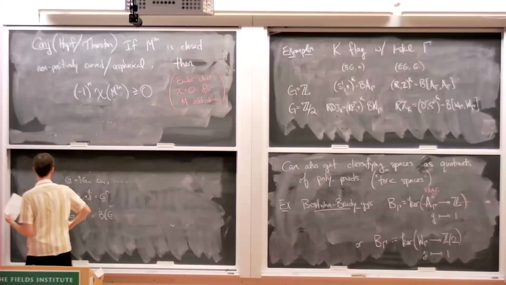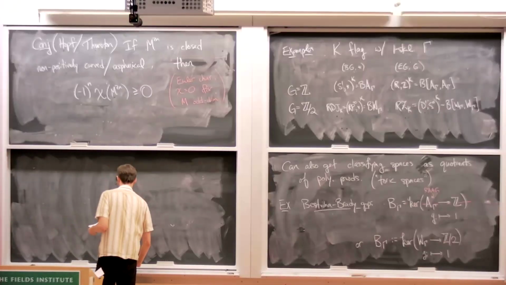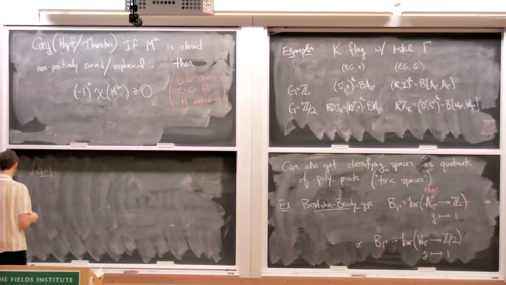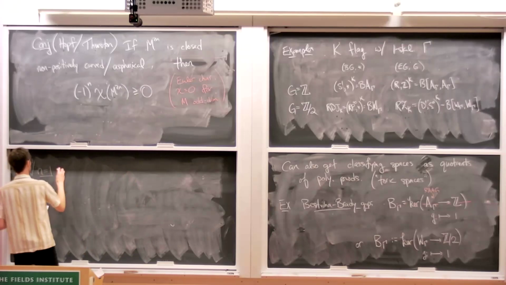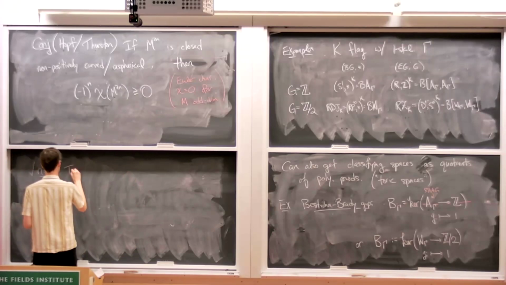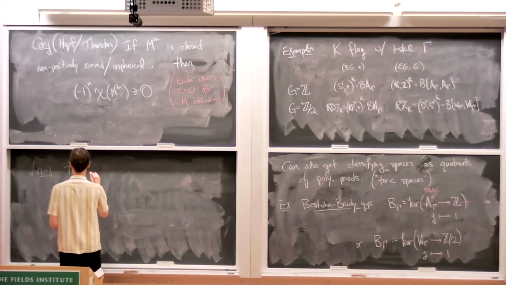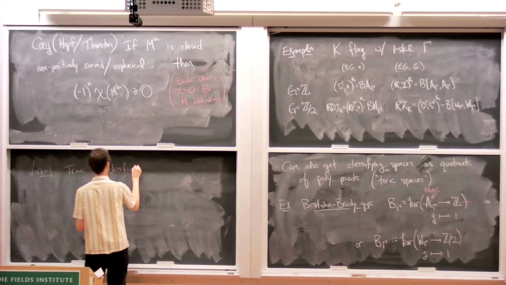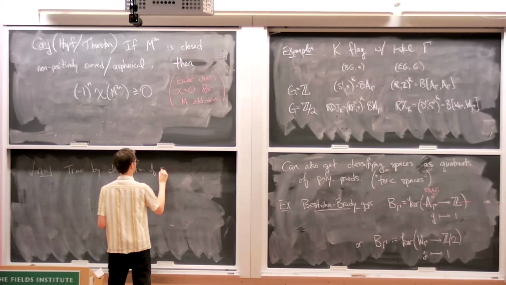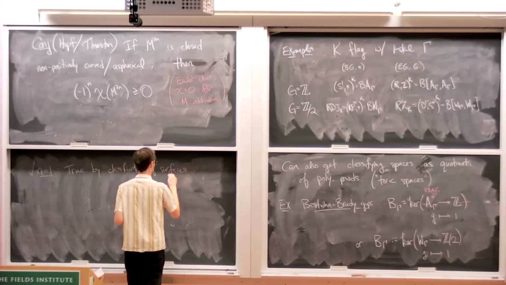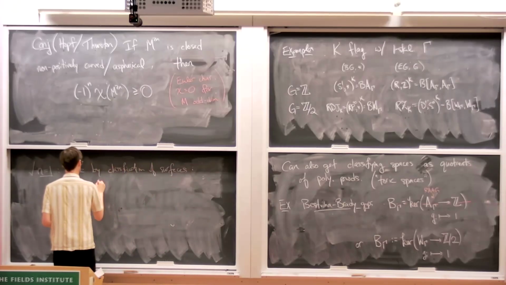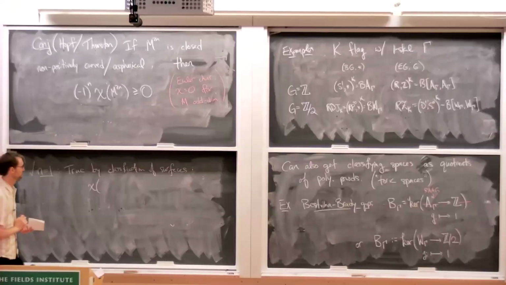It's a very old conjecture and not much is known, but it's certainly true when n equals 1, right? Here you've got the classification of surfaces, telling you the Euler characteristic is a complete invariant.